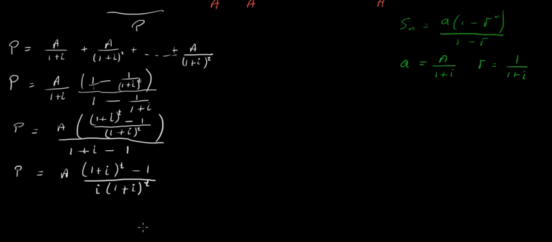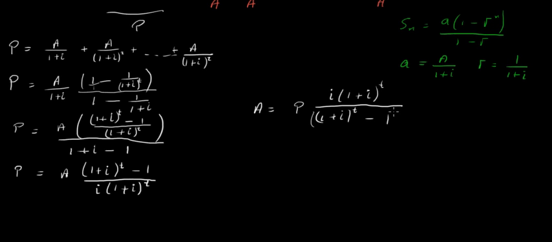Now this is a fraction, so if you divide by a fraction, I've got to flip it upside down and multiply by P. So I'll end up with A is equal to P times (i times (1 plus i) to the power of t) over ((1 plus i) to the power of t minus 1). And that is in fact what we want to end up with.